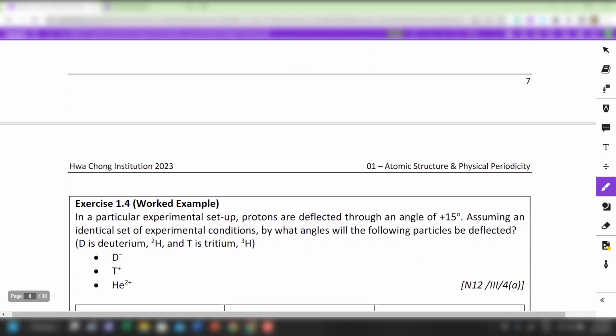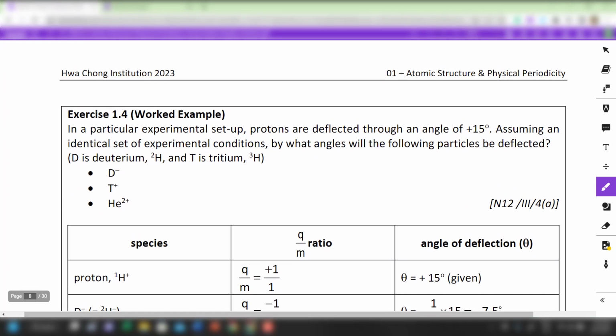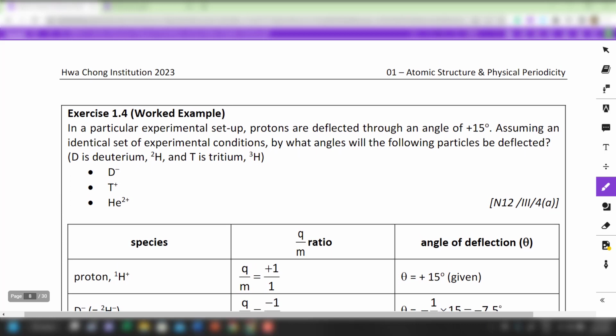Then we have exercise 1.4 as a worked example, so I will bring you through the thought process. In a particular experimental setup, protons are deflected through an angle of 15 degrees. Maybe I can write the formula here: theta is directly proportional to the charge, inversely proportional to the mass.